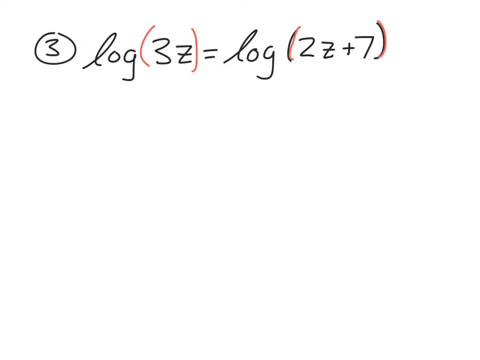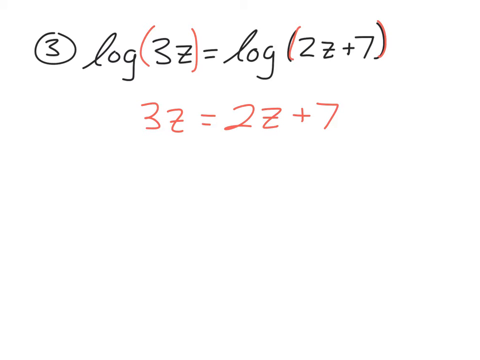When that happens, you can just say, well, 3z must be the same as 2z plus 7, because if log of one of them is equal to log with the same base as the other, then those two things inside of the logarithms must be equal as well.